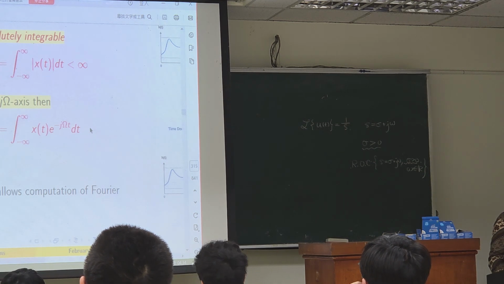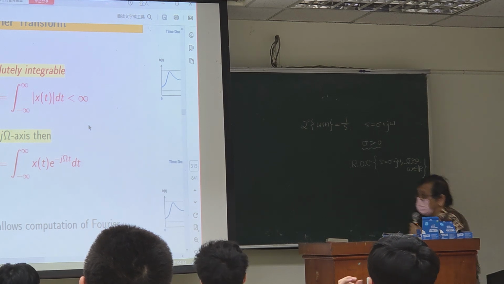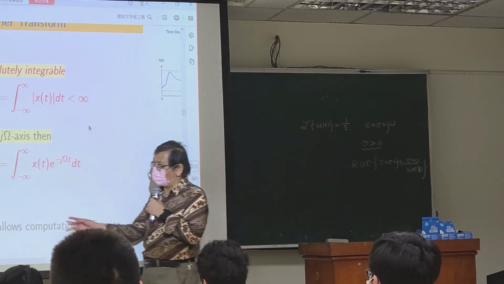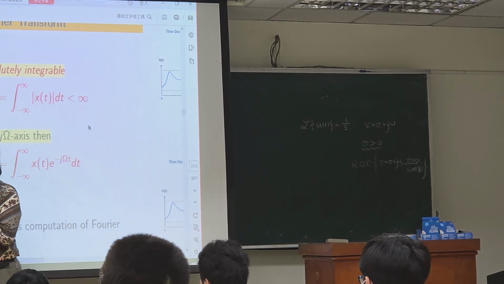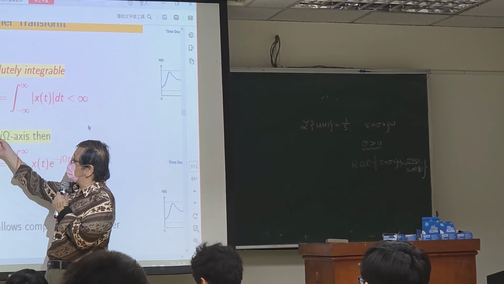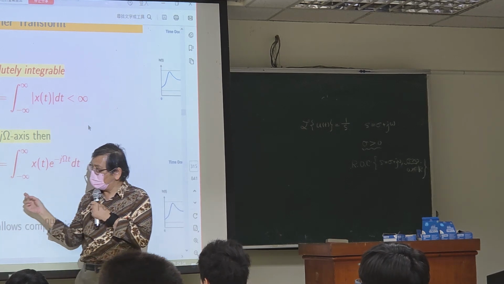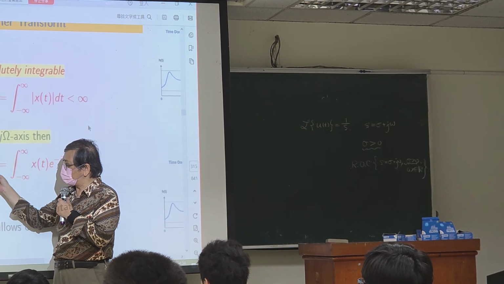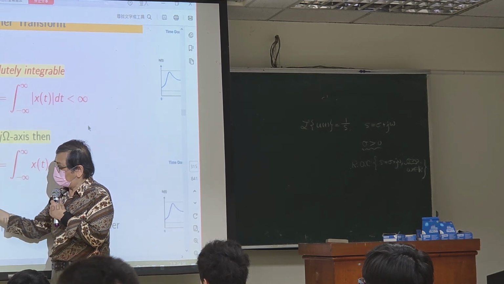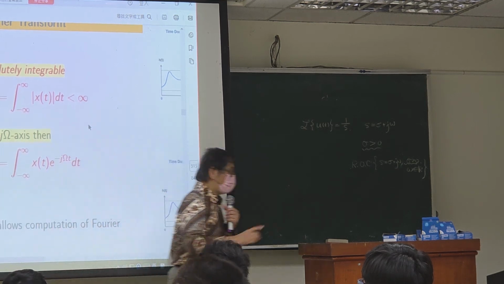In this case, we cannot apply this result correctly. This result tells us if the region of convergence contains the j omega axis, then we can use the Laplace transform, replace the argument s by j omega, and we have the Fourier transform right away.